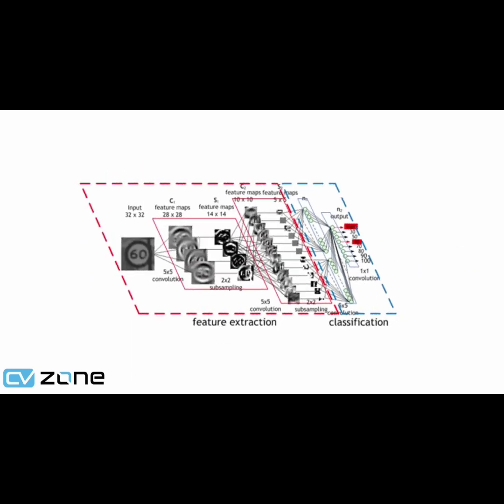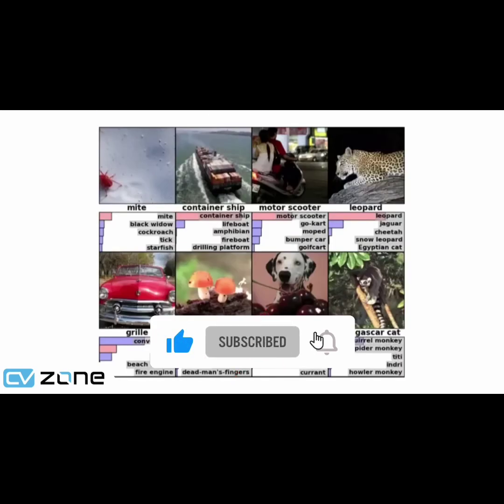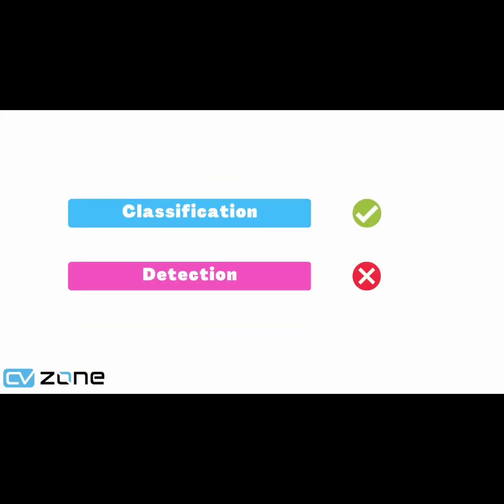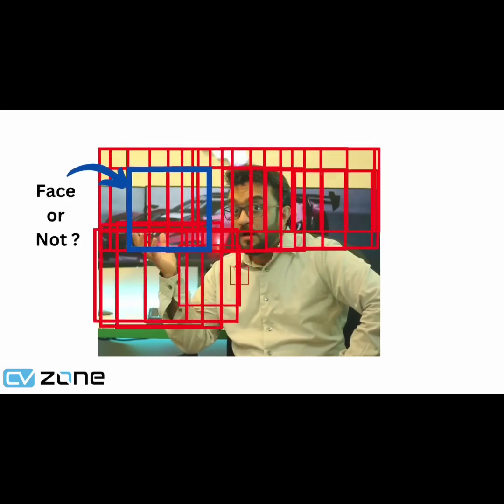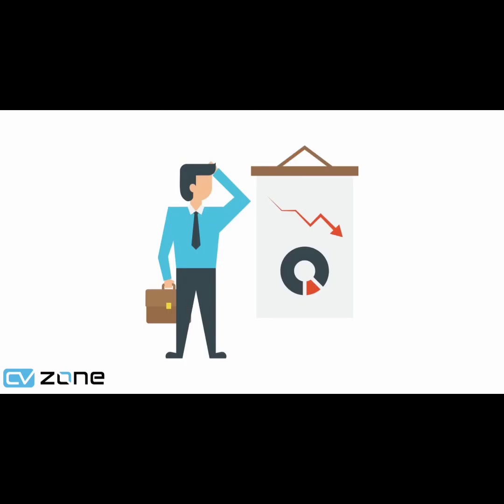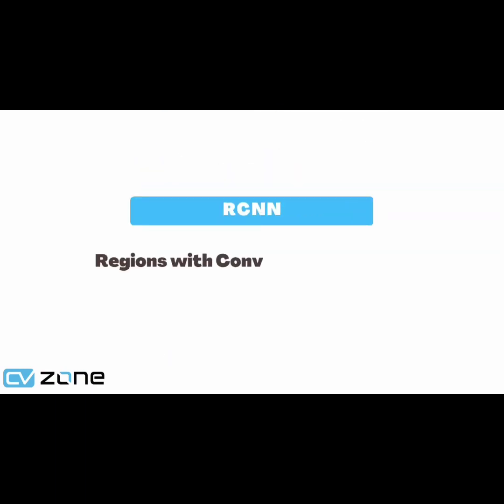The true potential was seen with convolutional neural networks when AlexNet won the ImageNet Large-Scale Visual Recognition Challenge in 2012. But this solved a classification problem and not detection. Later, brute force methods were used to repurpose the CNN models to work as detection models. This was a very inefficient approach, so soon after came the RCNN, regions with CNN.